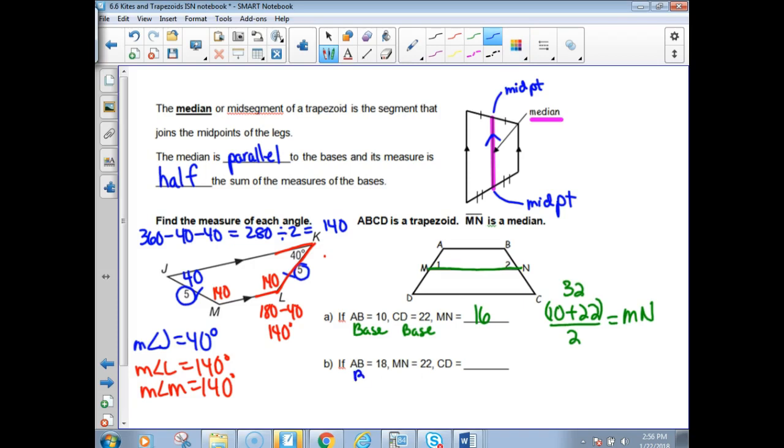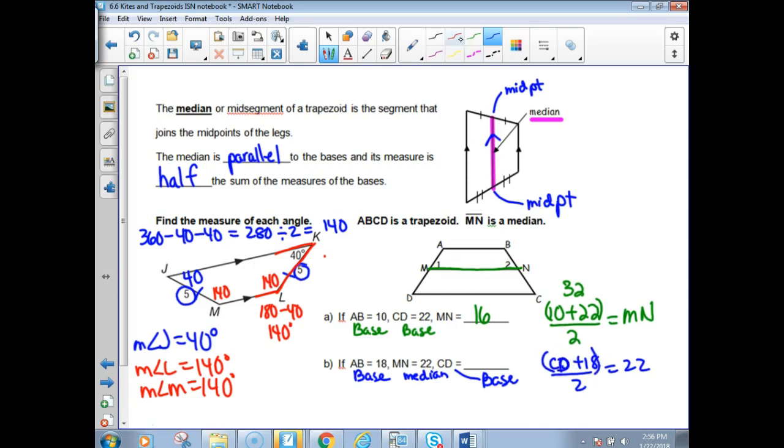Okay, so AB is a base. MN is not a base. It is a median. We want to find a base. So if we were to follow the formula, we would have to do CD plus 18 divided by 2 equals the median, 22. Well, that's CD.